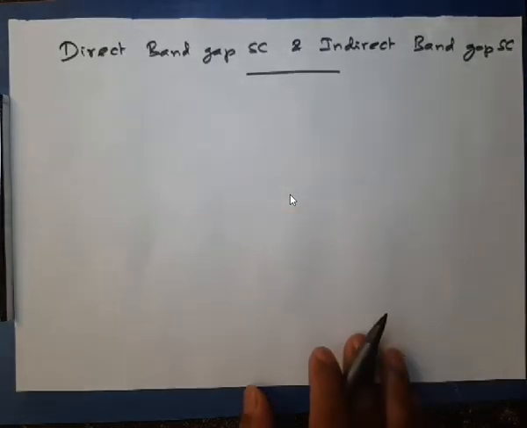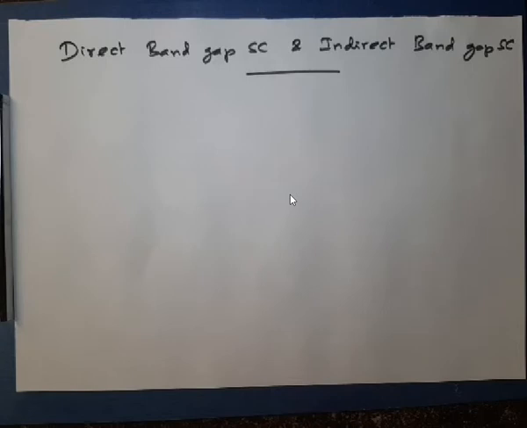Here I am going to take intrinsic semiconductors only, because in this lecture we are going to focus mainly on intrinsic semiconductors. Once we complete intrinsic semiconductors, we will discuss extrinsic. So in intrinsic semiconductors we have two types, which is another way of classifying: direct band gap semiconductor and indirect band gap semiconductor.